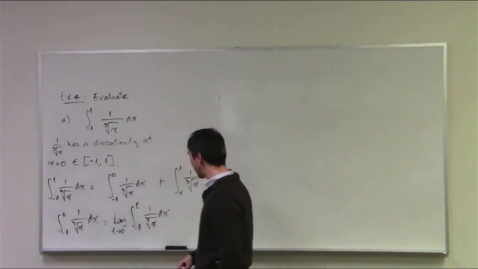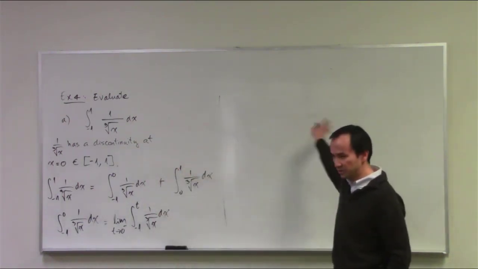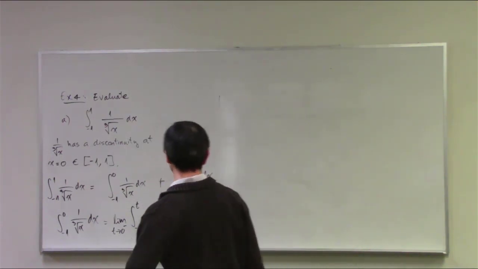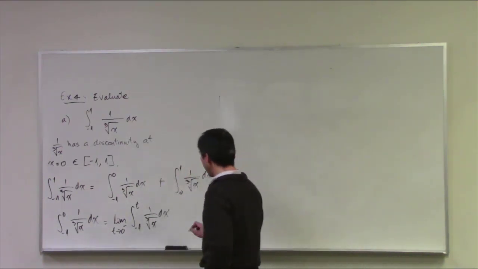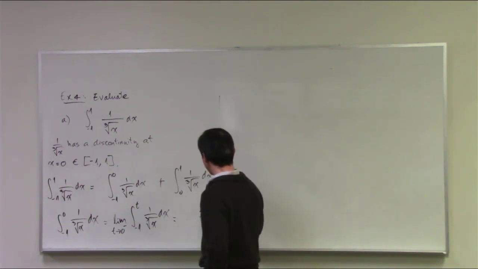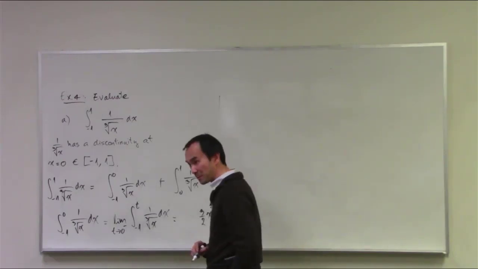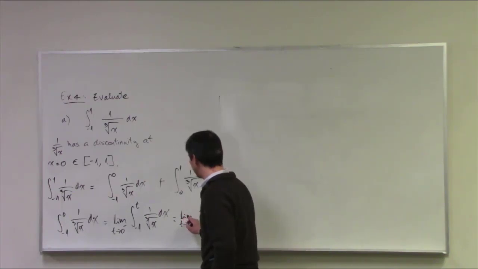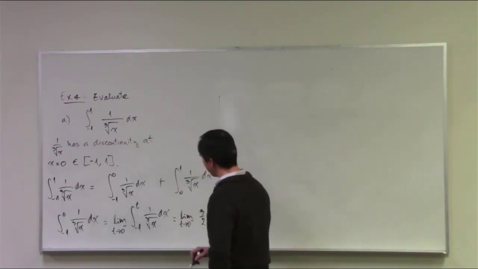The integral itself is quite easy, so I don't think we need a separate space for scratch work. In the next step it becomes simply 3/2 times x to the 2/3, evaluated from minus 1 to t. Everybody with me? And letting t go to 0 from the left-hand side.